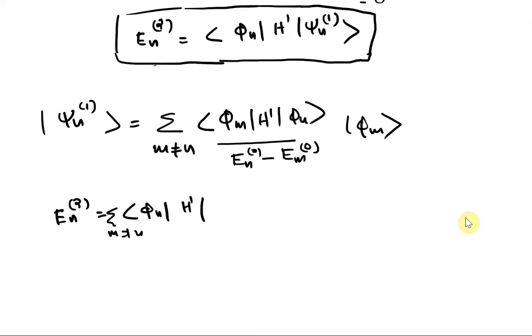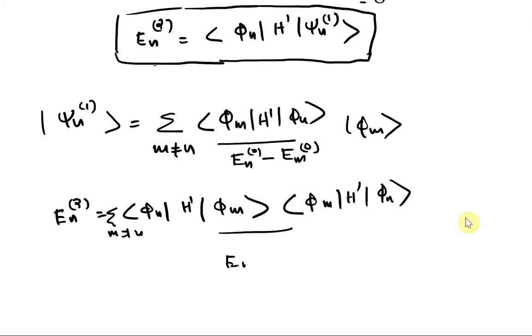Here the vector term which is coming is phi m, that is multiplied with it. Here the first term is phi m h prime phi n, divided by En0 minus Em0. So that is the expression.